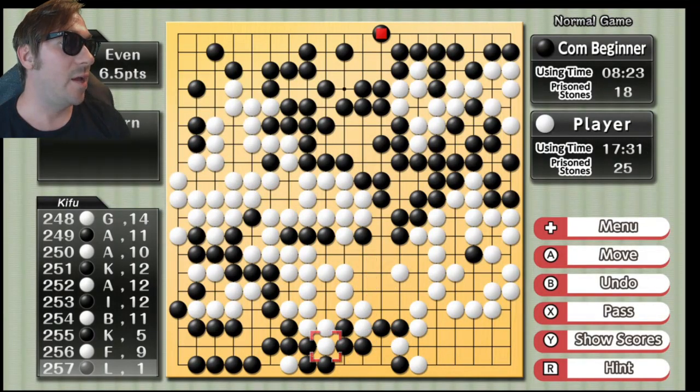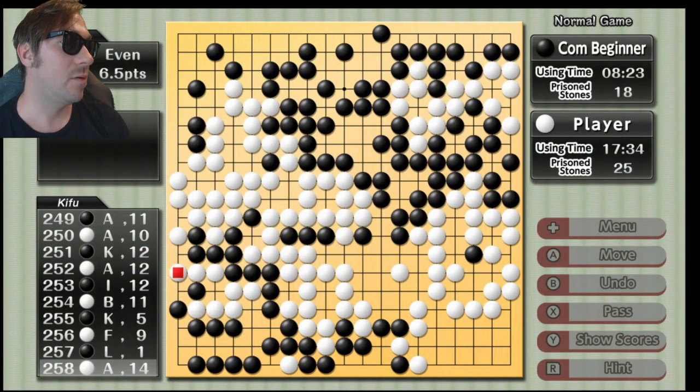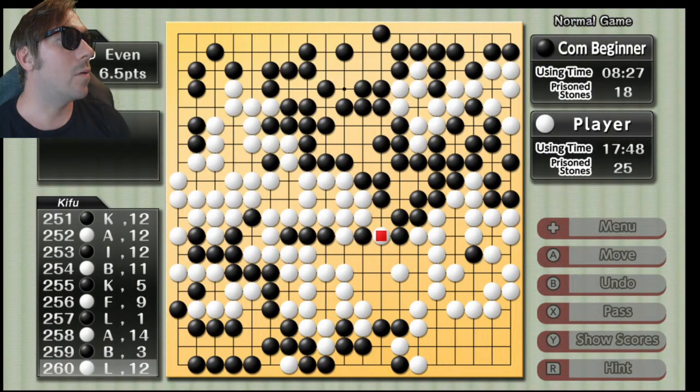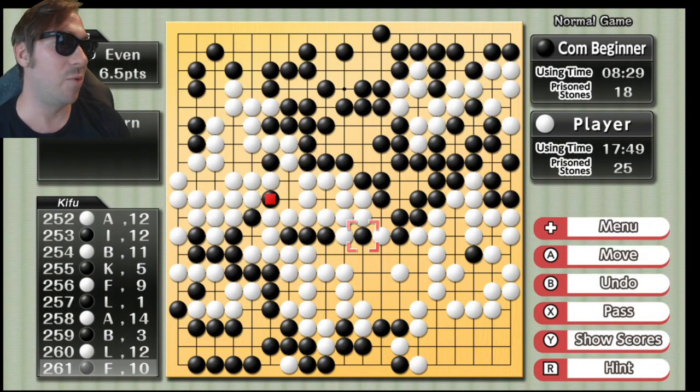We really gotta put the monkey wrench in some of this stuff here. I don't know how much of this at the bottom is actually going to be alive now. Yeah, see, look, he's got that whole top right now. I really should have focused there.